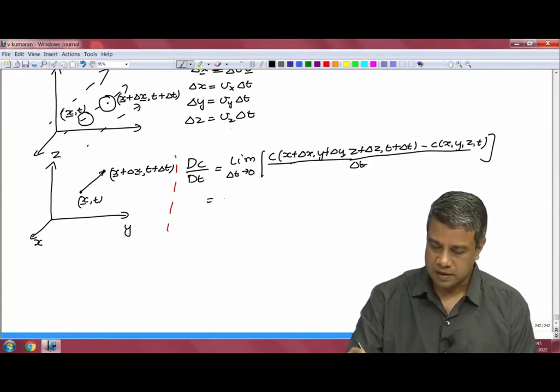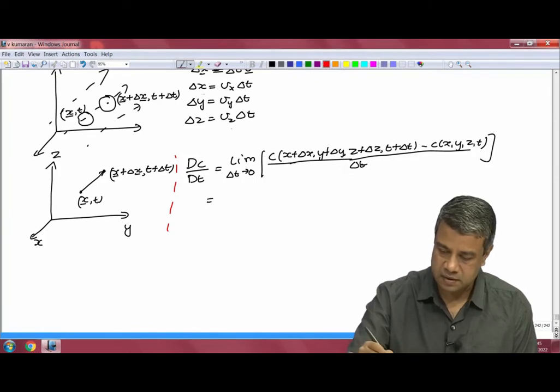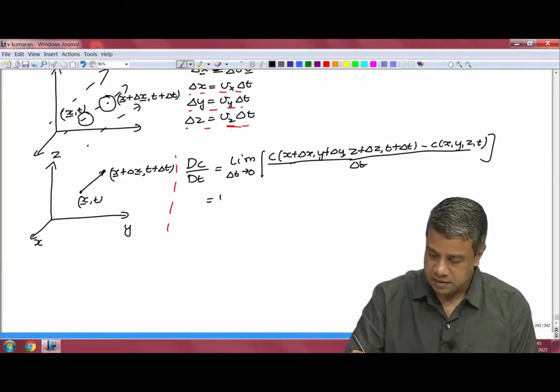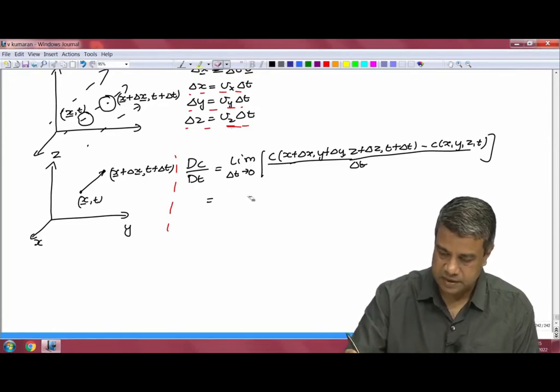and this can be written, using the chain rule for differentiation and the substitution for the components, as Vx partial c by partial x, plus the other components, plus the first time derivative.